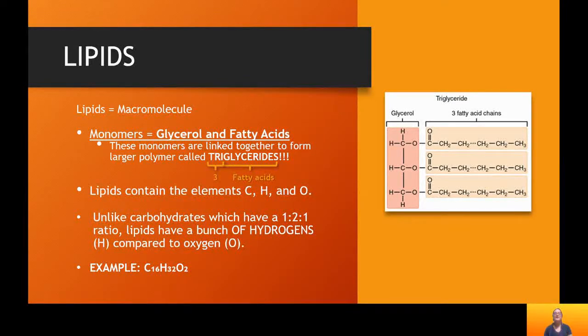Now, lipids also contain carbon, hydrogen, and oxygen. These are your 3 main elements that we're working with so far. We'll start adding some more on later on. But carbohydrates and lipids are both composed of the same 3 elements. It's just that they are structured differently, and that's what makes the biggest difference between each of these macromolecules.